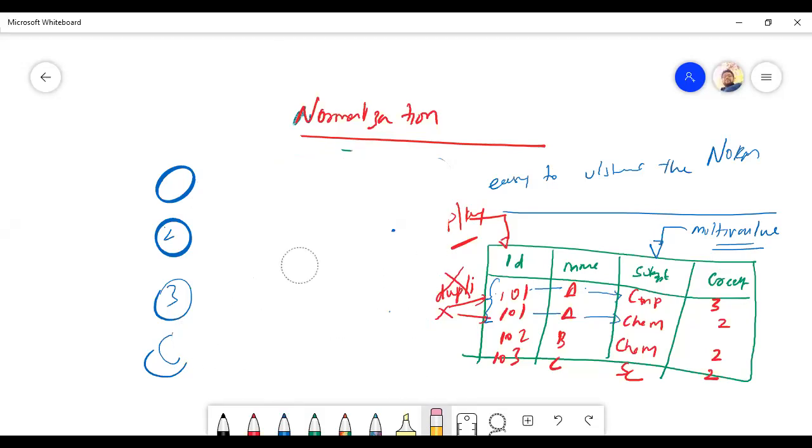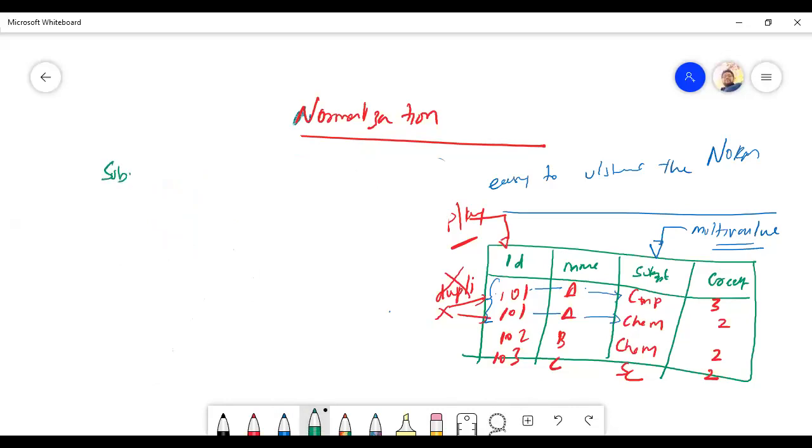So why is it being duplicated? Now you know the case: because of this subject, it is being duplicated. So the subject is multi-value.